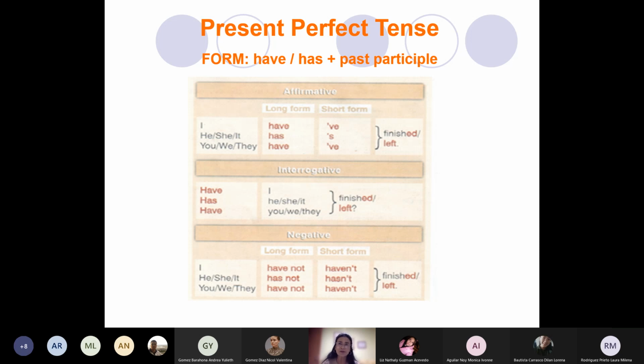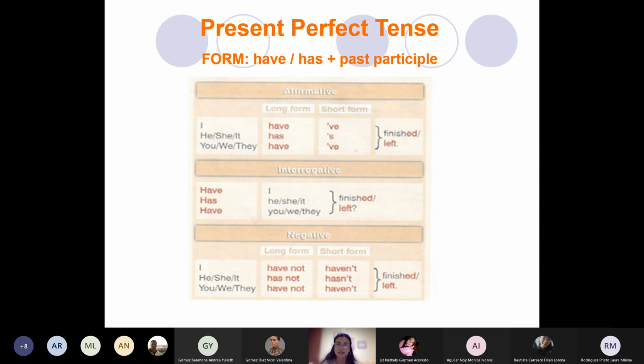These are for affirmative. When you are going to ask questions, first is the auxiliary, have or has, depends on the subject. And after the auxiliary have or has, there is one subject. The subject is I, or he, or she, or you, or they, or any other subject that you want to express.